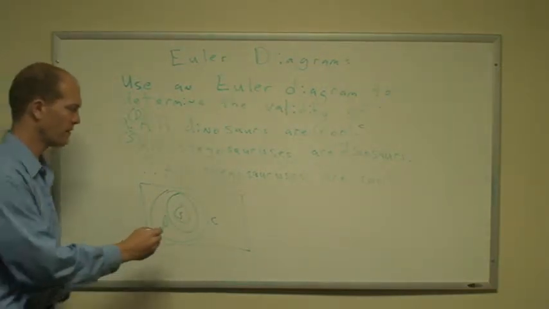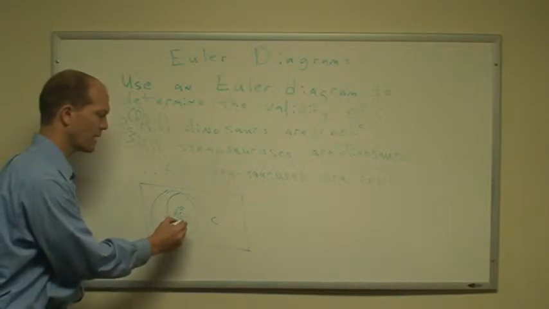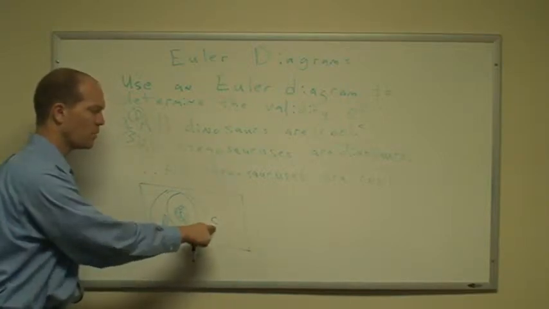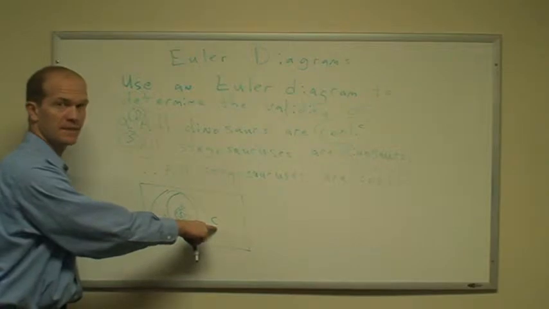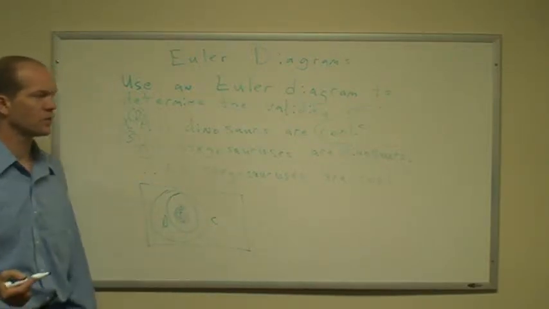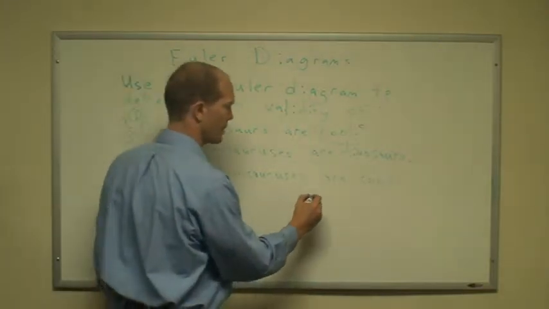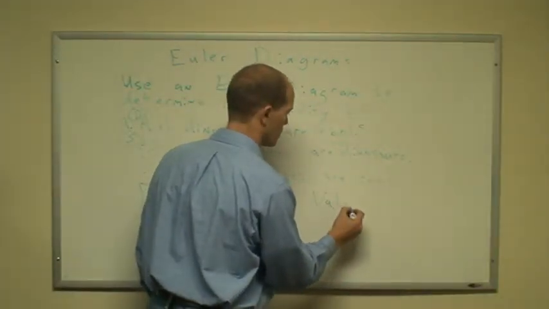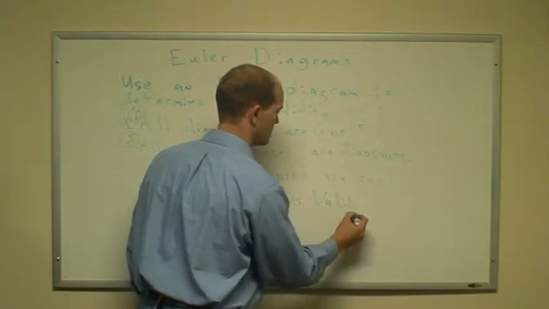It has to follow that for any stegosaurus I pick, no matter what, they're within the set C and are therefore cool. So the conclusion here, all stegosauruses are cool, is indeed valid.